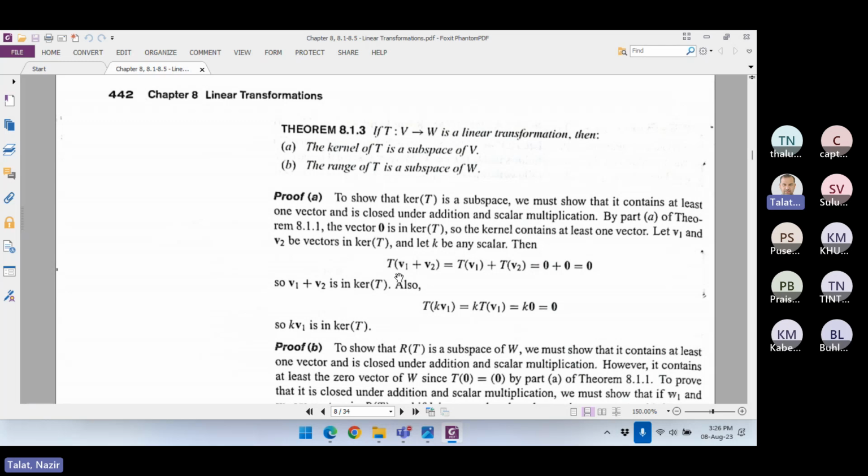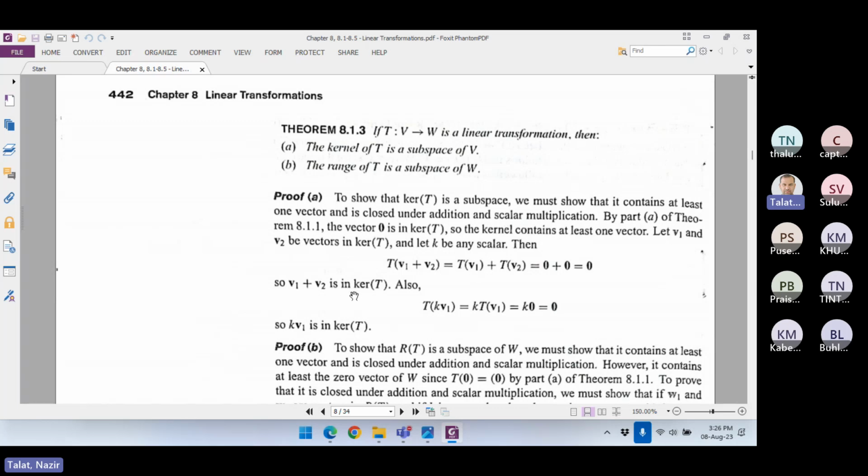Now, if V1 plus V2 belongs to the kernel of T, then T of V1 plus V2 equals T of V1 plus T of V2, since this is a linear operator, so we can split it into that form. And T of V1 equals 0, T of V2 equals 0. Hence V1 plus V2 also belongs to the kernel of T.